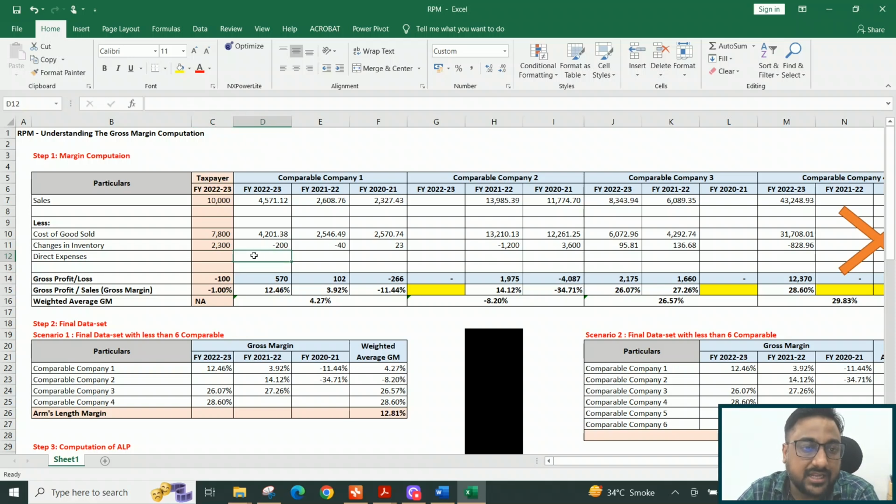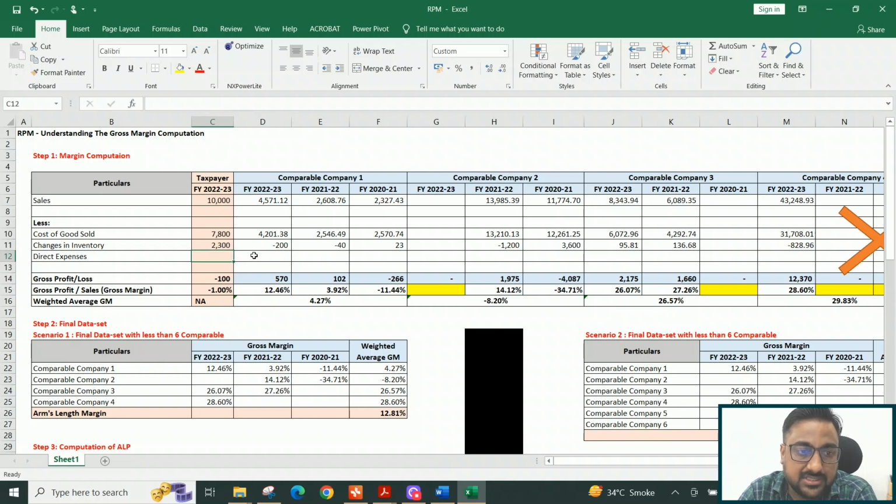Why? Because we cannot identify the direct expenses from the limited financial data available in the public domain, that is, the financials which the company has reported with the Ministry of Corporate Affairs. We cannot find that type of data. If you are still able to find that data for all the comparable companies, it is good.